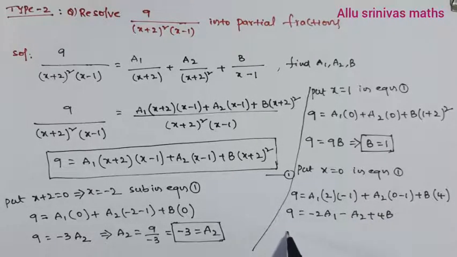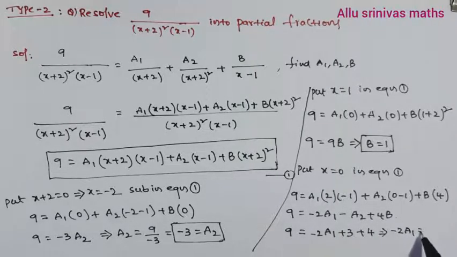Known values substituted in this problem: a1 is the required value, a2 is minus 3, minus of minus is plus 3, b is 1, 4 times 1 is 4, 4 plus 3 is 7, sent to the LHS side, minus 2a1 equal to 9 minus 7.